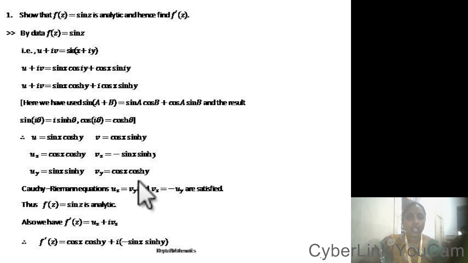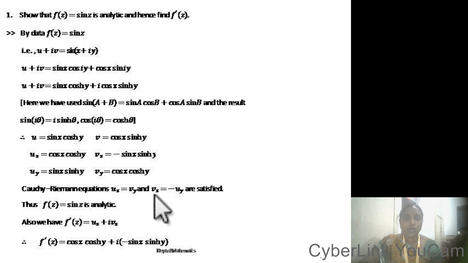Now we will take our CR equation, that is the Cauchy-Riemann equation, in Cartesian form, that is ux is equal to vy and uy is equal to minus vx. This minus you can take here also, it's not a problem. Now if you back substitute the values, ux is cos x cosh y, and vy is cos x cosh y, and we can see they are equal.